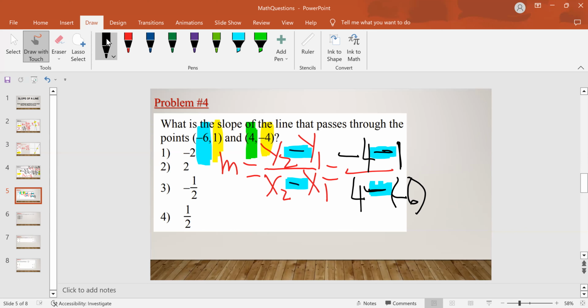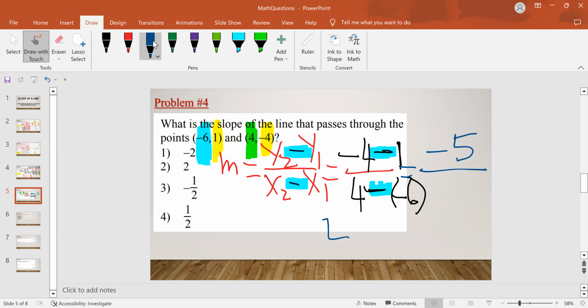Now, almost done. On top, negative 4 minus 1 is negative 5. And the bottom, you have 4 minus negative 6. Remember, if you have two negative signs like that, they turn to a positive. That's something you can see in a previous video.